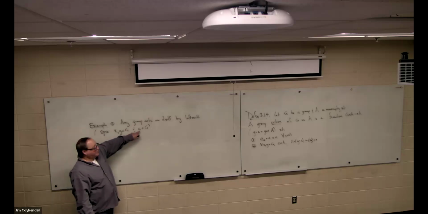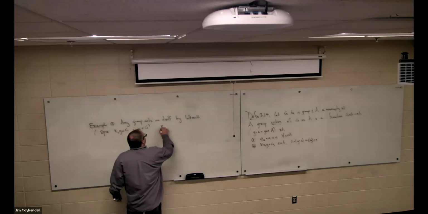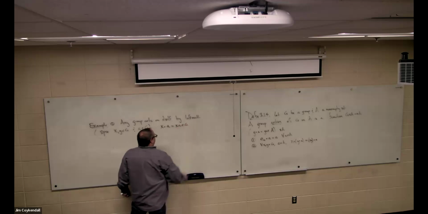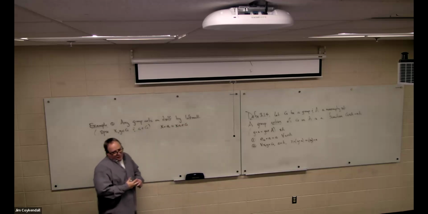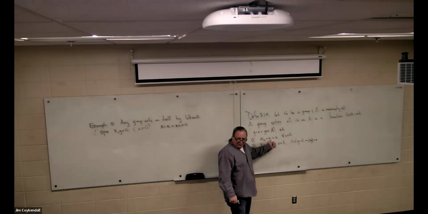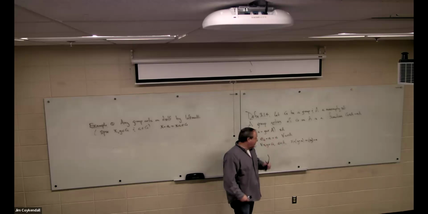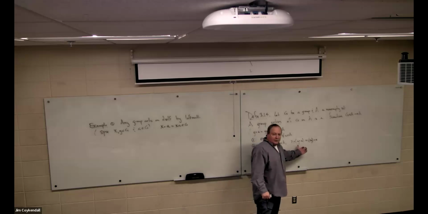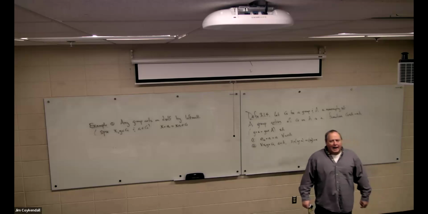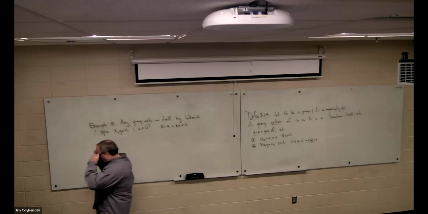Because I'm thinking of A as an element of the set. It doesn't matter, it's just notational. And X acting on A is just the normal XA in G. This is a group action because when I multiply anything in the group by the identity, it leaves it alone, right? So it's going to satisfy this first bit. And this right here is just the associative property of multiplication in a group. So any group acts on itself by left multiplication.